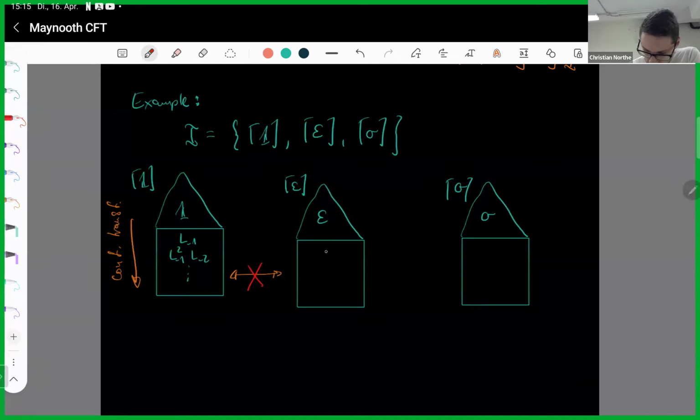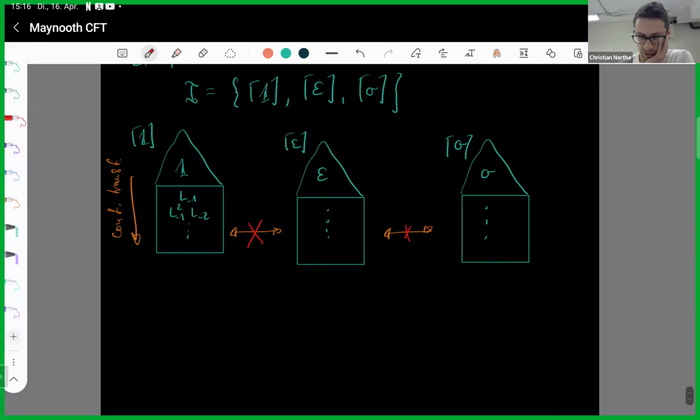So the same thing can be done here. You can generate descendants and you can generate descendants here, but there is never going to be mixing under conformal transformations between them. That's just a statement that these are representations of the conformal algebra, and conformal transformations are just, well, generated by the conformal generators, Ln.